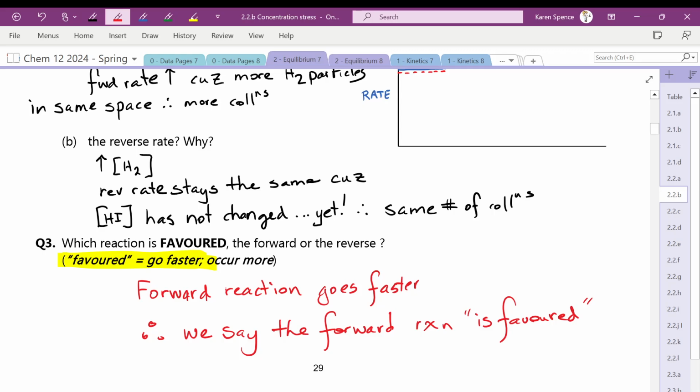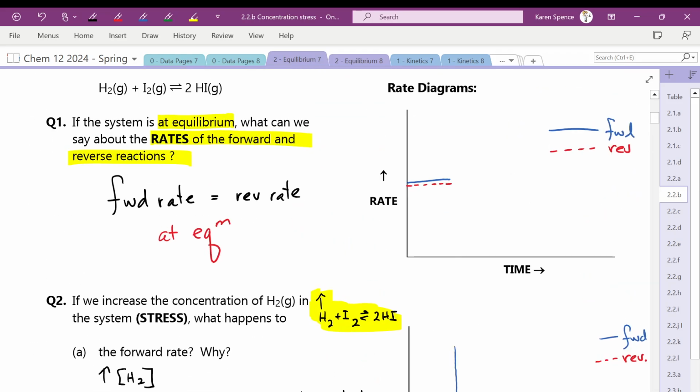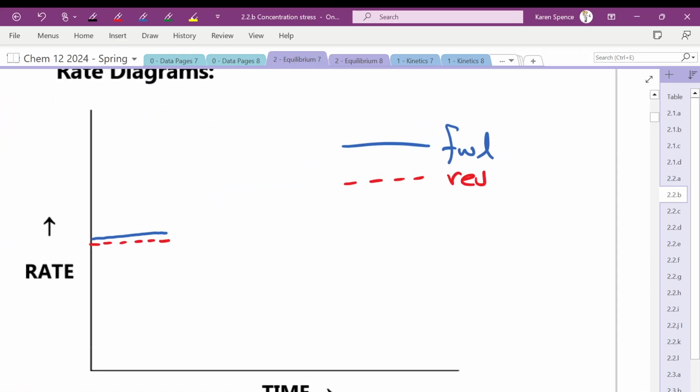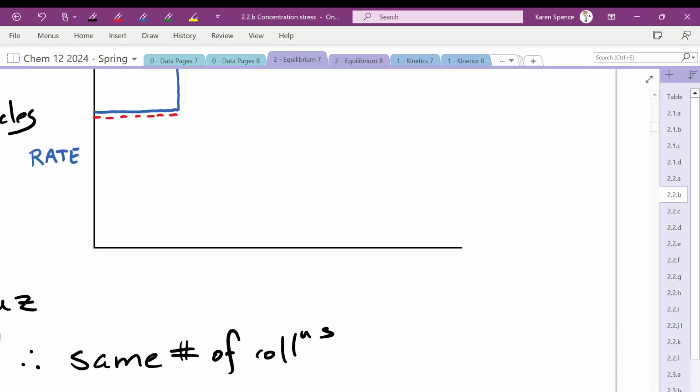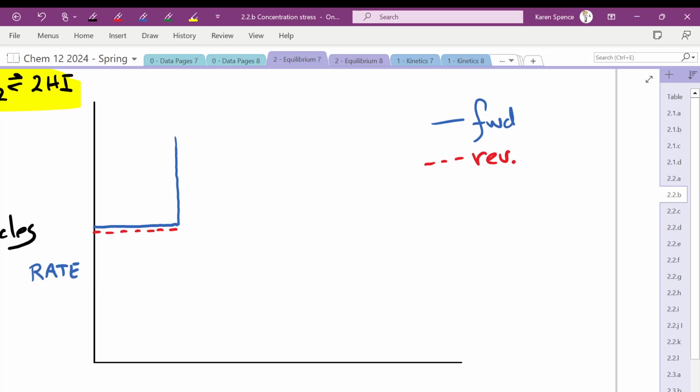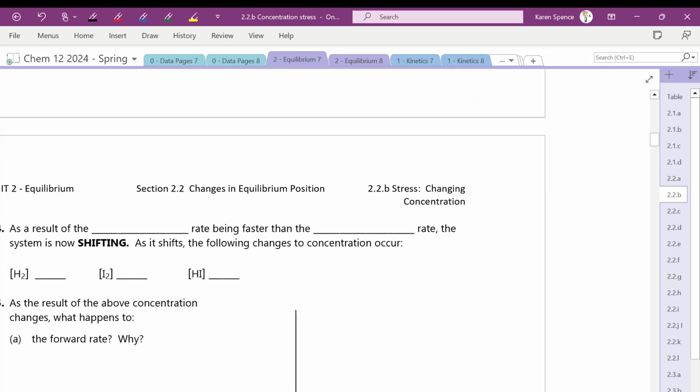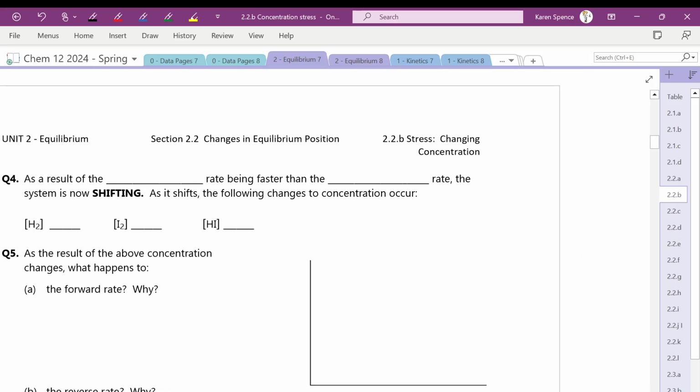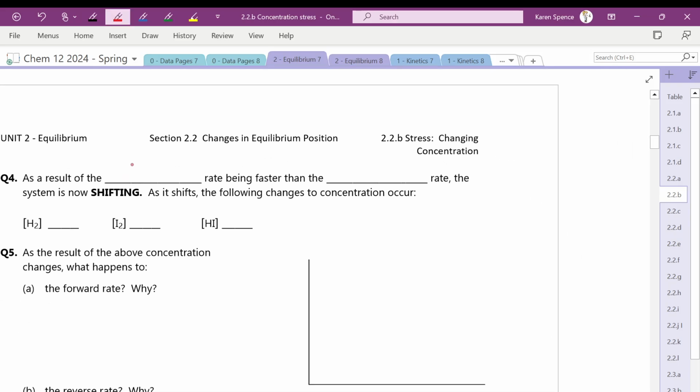Okay, so far we've looked at what's happening when we're at equilibrium and when we have a stress, and now we're going to look at what happens when we have the shift. As a result of the forward reaction being faster than the reverse reaction, the system is now shifting, because we shift when the two rates are unequal.